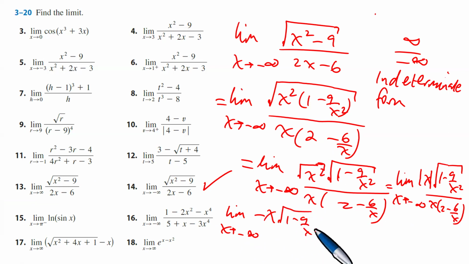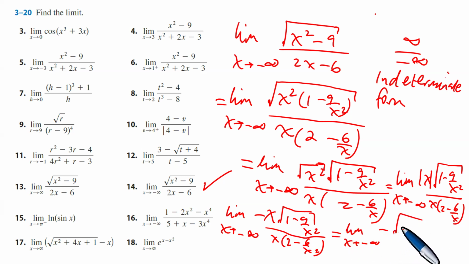Then the x cancels, leaving 2 minus 6 over x in the denominator.